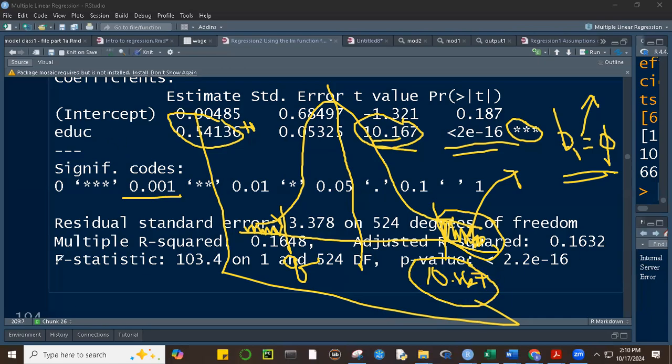So in R, we can make use of the function pt. So this is the probability for a t distribution. So number 1, class, could you kindly type that? What's being asked? What are the parameters? Could you kindly check that, class? You type pt inside the code chunk and then open and close parentheses.